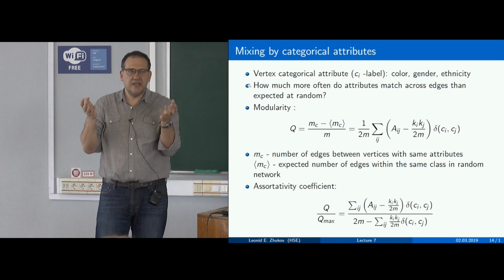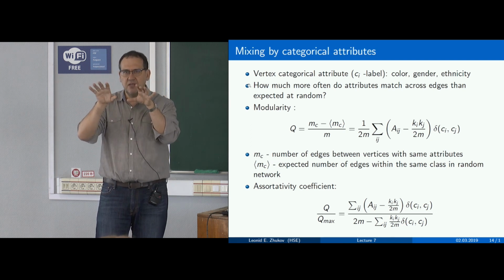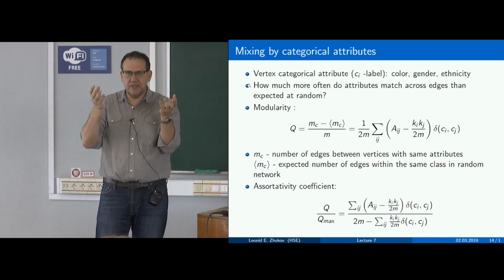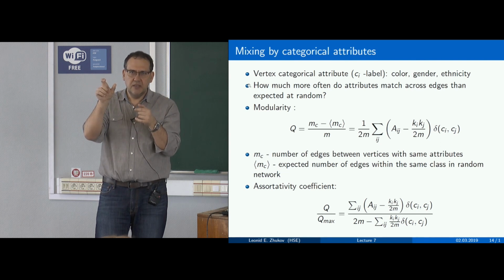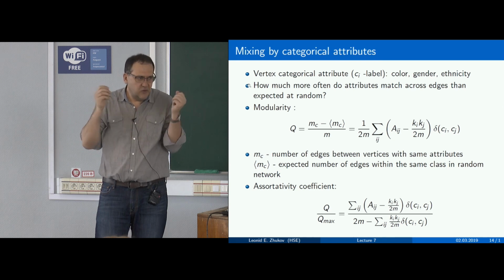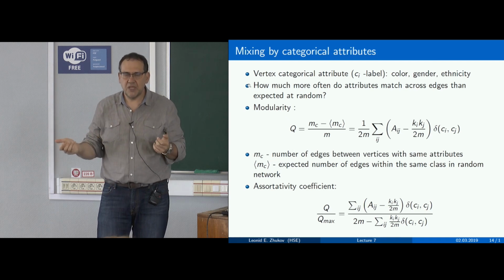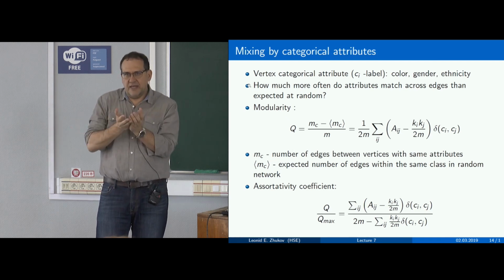If you have the same number of nodes of both colors, you expect that the number of connections between nodes of different colors and between nodes of the same color will be what? The same, right? Because remember, if you do it randomly, you just pick two nodes and connect them or not. So that's your baseline.